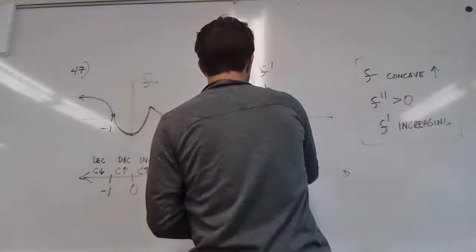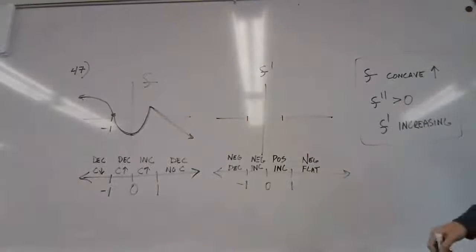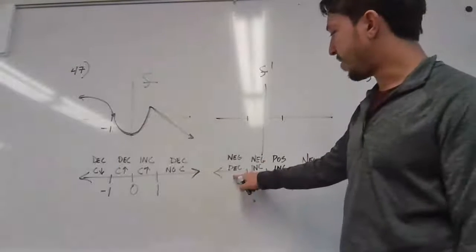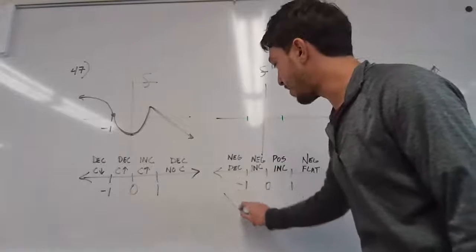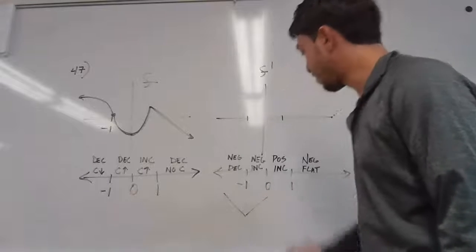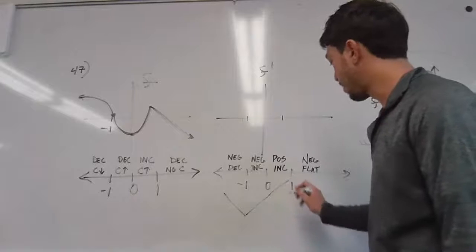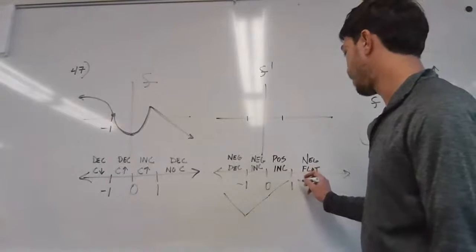We'll try our best. Okay, there's -1, there's positive. There's 0. So a negative decreasing. So a little sketch might go negative decreasing, negative increasing, and then positive increasing, and then negative flat.